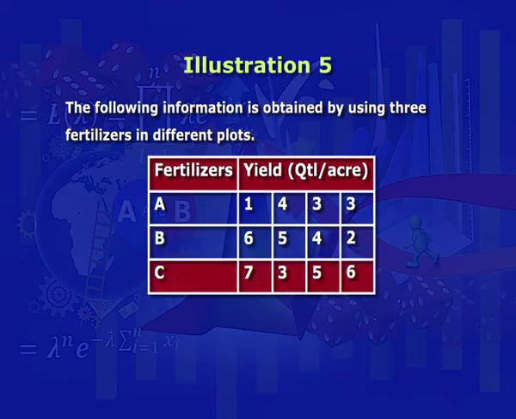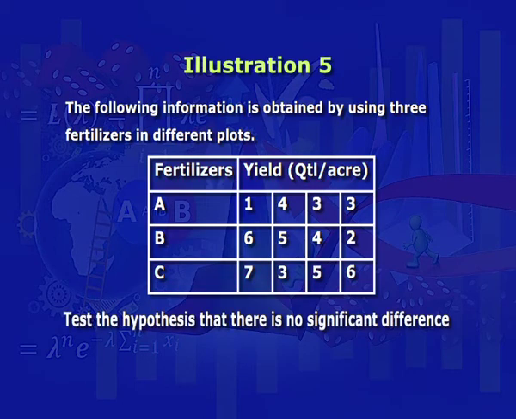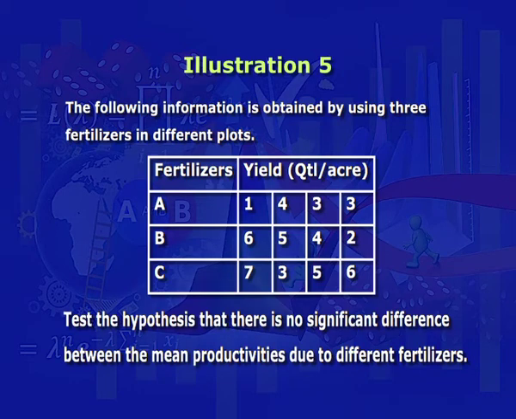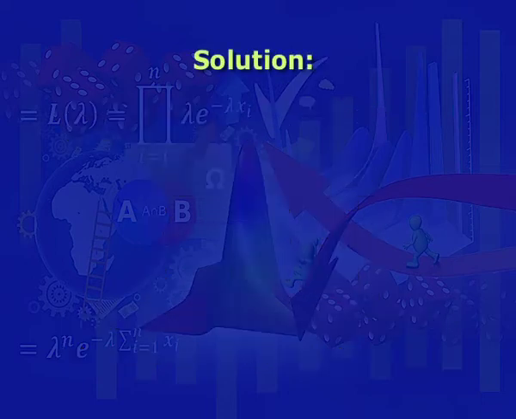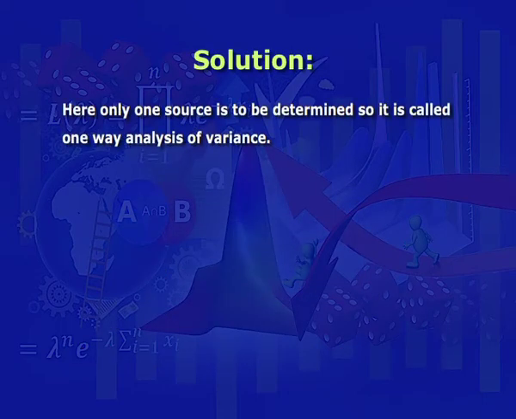And for fertilizer C, the values are 7, 3, 5 and 6. Test the hypothesis that there is no significant difference between the mean productivities due to different fertilizers. Let us see the solution. Here only one source is to be determined, so it is called one-way analysis of variance.